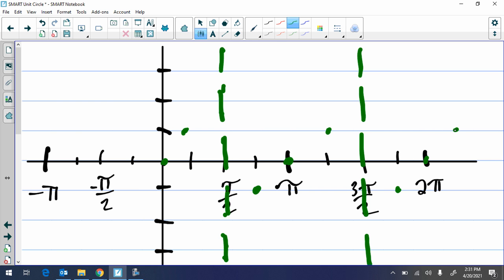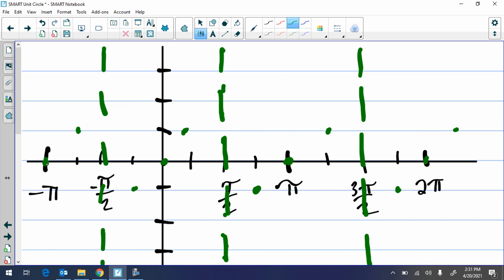Now, let's go backwards before we draw this in. At negative pi over 4, it's -1. At negative pi over 2, it's undefined. At negative 3 pi over 4, it's 1. At negative pi, it's 0. And then the next one would be -1.